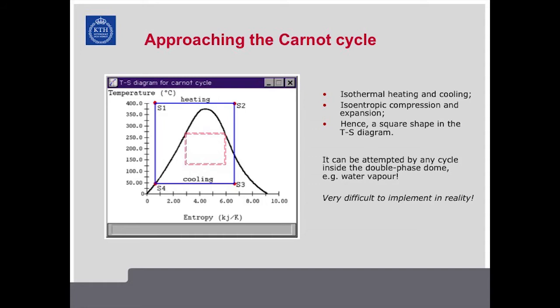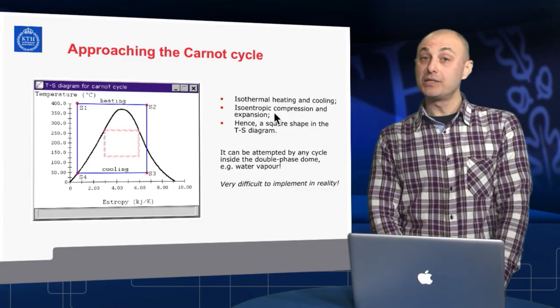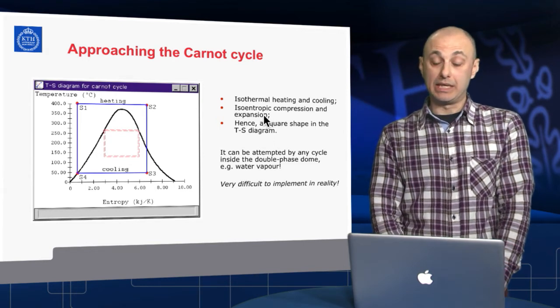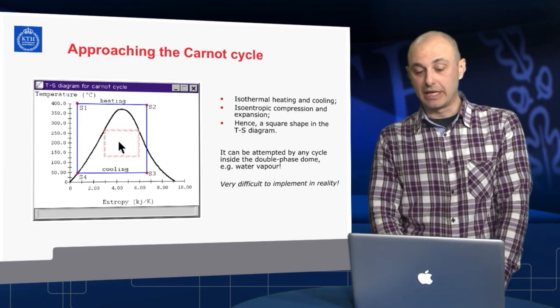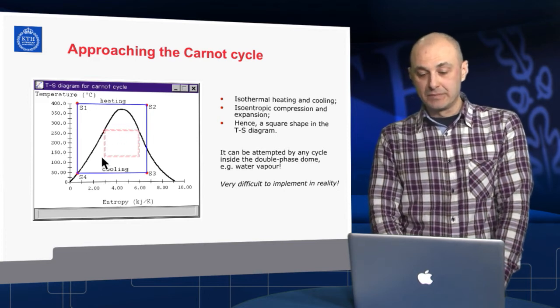Involving two isothermal processes, heating and cooling, those would be horizontal lines here. And two isentropic, not only adiabatic but isentropic, compression and expansion processes, vertical lines in this diagram. A square or a rectangle.